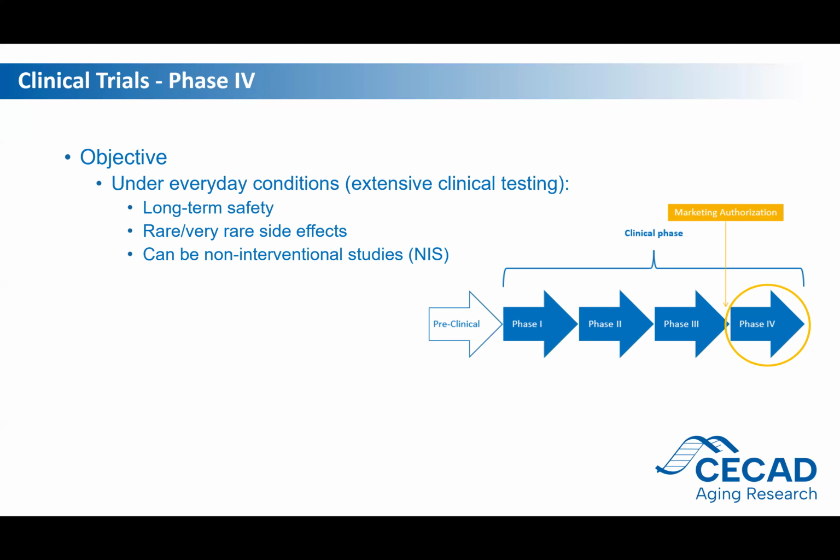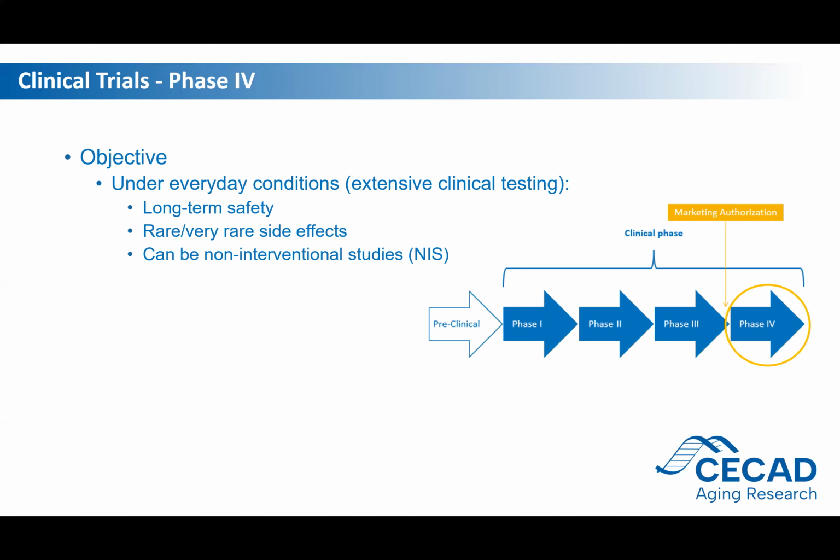Because so far, as you also remember the definition of a clinical trial, we have a very narrow range of people that can be included in the phase 1 to 3 trials. We have a lot of restrictions on what we can do, what we observe, how long we observe it. It's very strict.